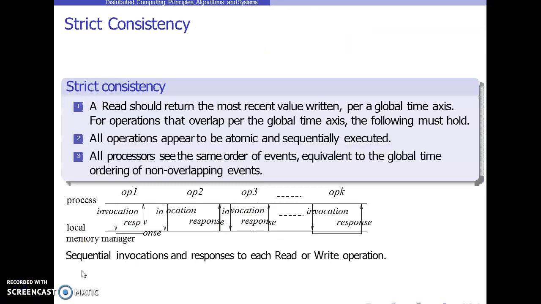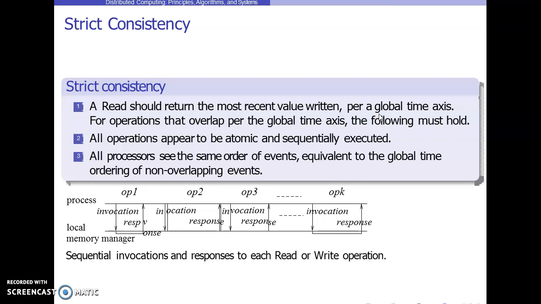The next important model in memory consistency is strict consistency. Strict consistency must ensure some properties. The read should return the most recent value written, per the global time axis. That is, any read to a location is required to return the value written by the most recent write to that location.